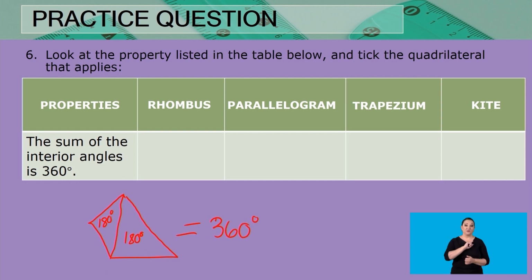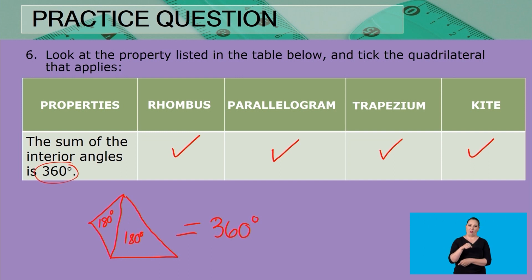So the sum of the interior angles of any quadrilateral will be equal to 360 degrees. So yes, a rhombus adds up to 360 degrees when we add those interior angles, and so does a parallelogram, a trapezium, and also a kite.